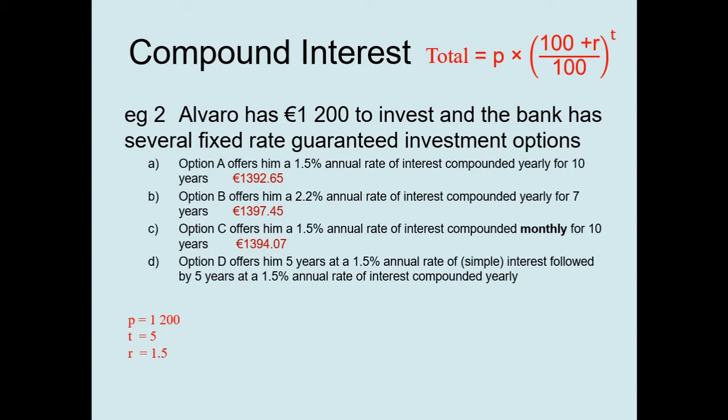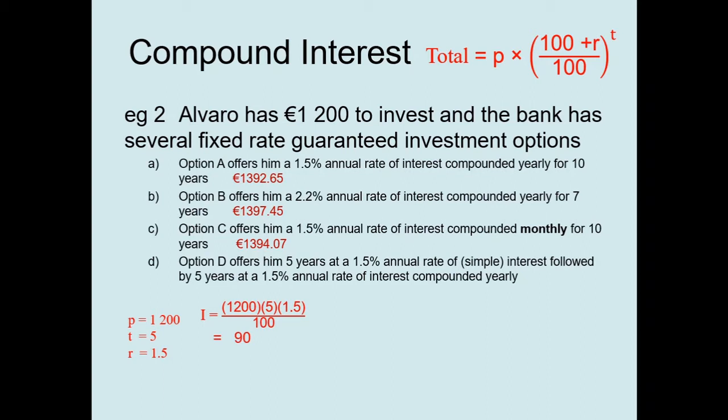Setting out our simple interest formula, we're working out how much interest we will earn in those 5 years. So I equals PTR over 100. I equals P, which is 1,200, times T, which is 5, times R, which is 1.5, over 100, and that works out to be 90. That's going to be 90 euros that we earn in that first 5-year period.